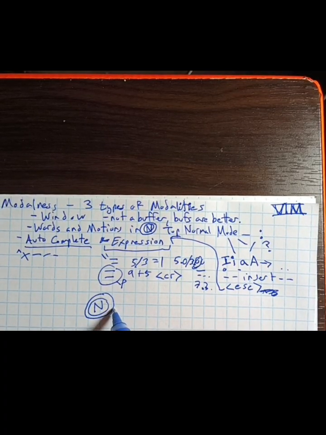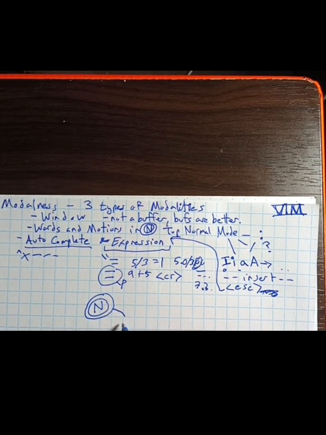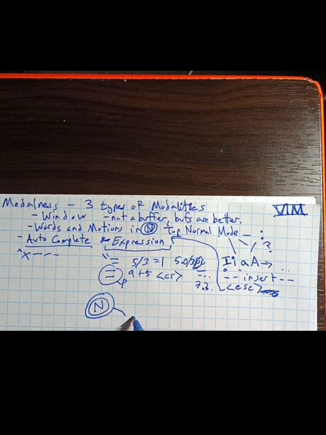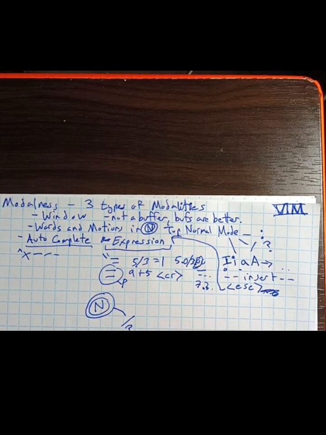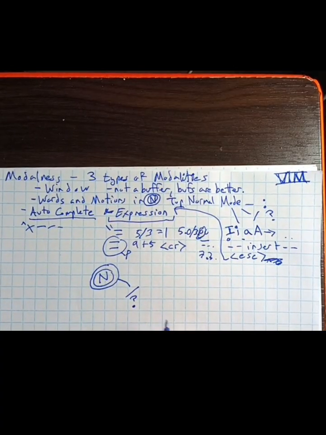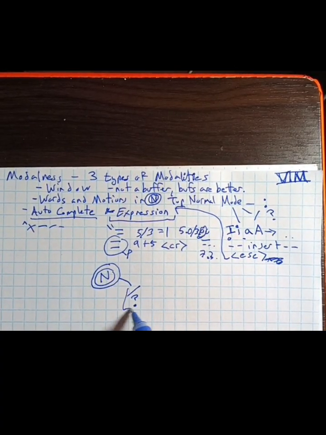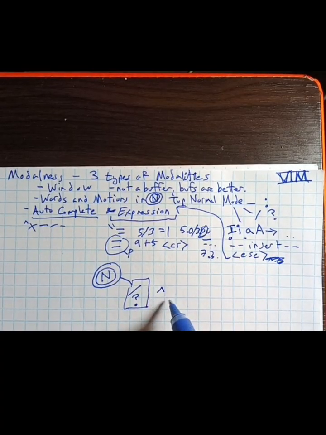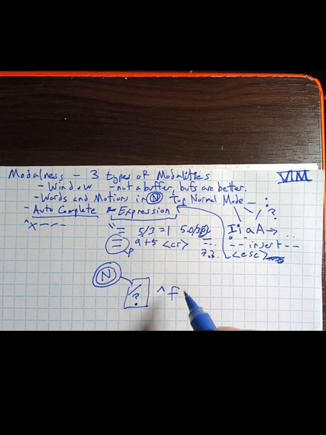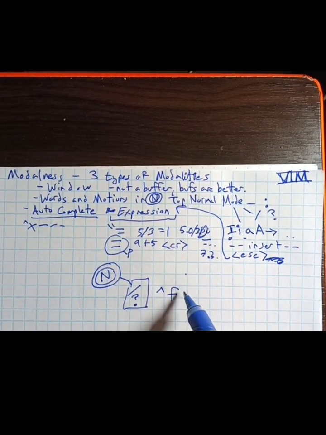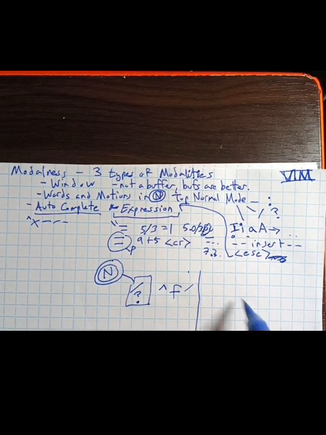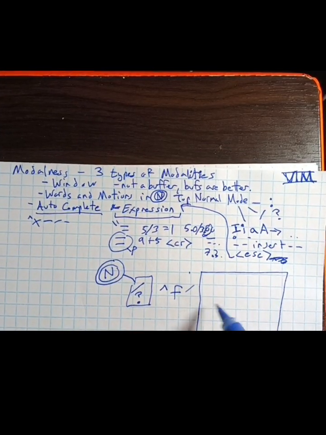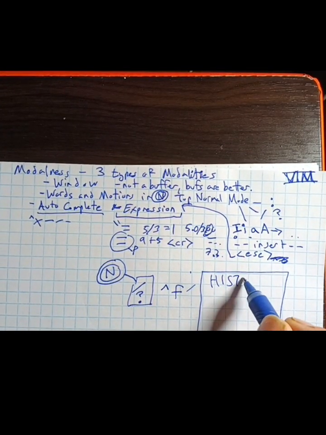Let's say from there you go into your slash for your search mode, or you could say question mark to save a little time if you're searching backwards. From this prompt, really from any of the prompts pretty much, if you say Control F, it'll pop up a whole new window for you of the history of whatever it is you're working in.